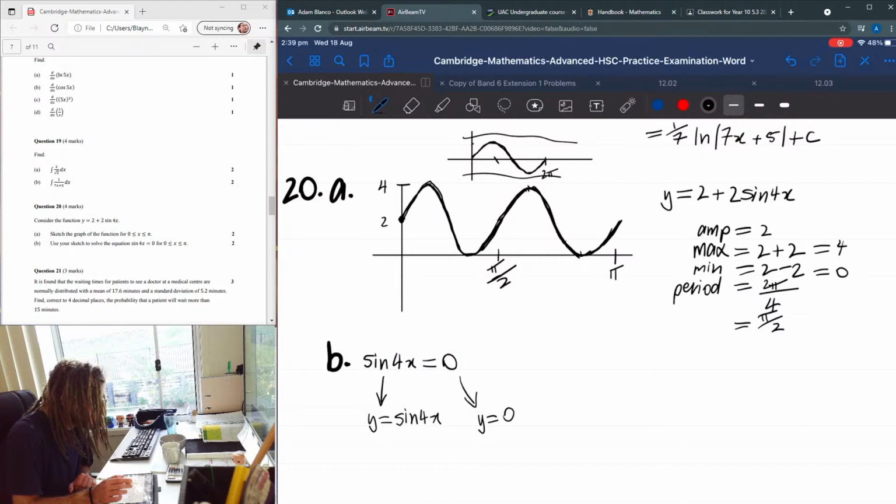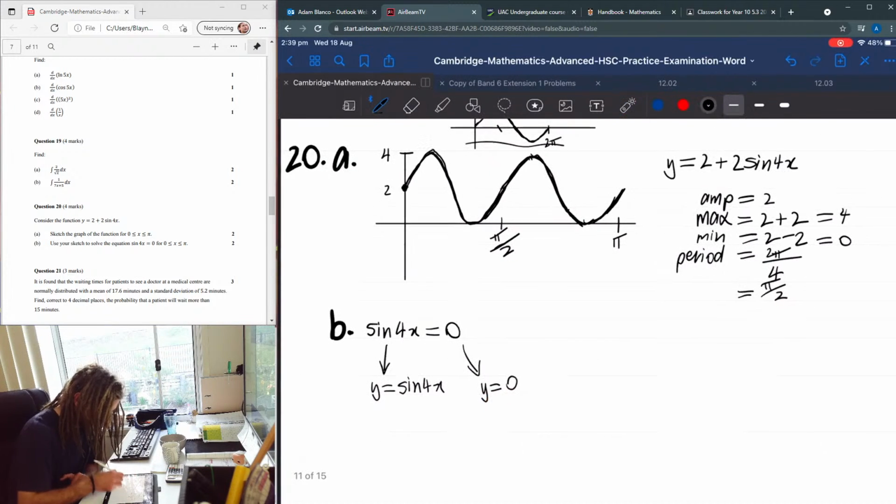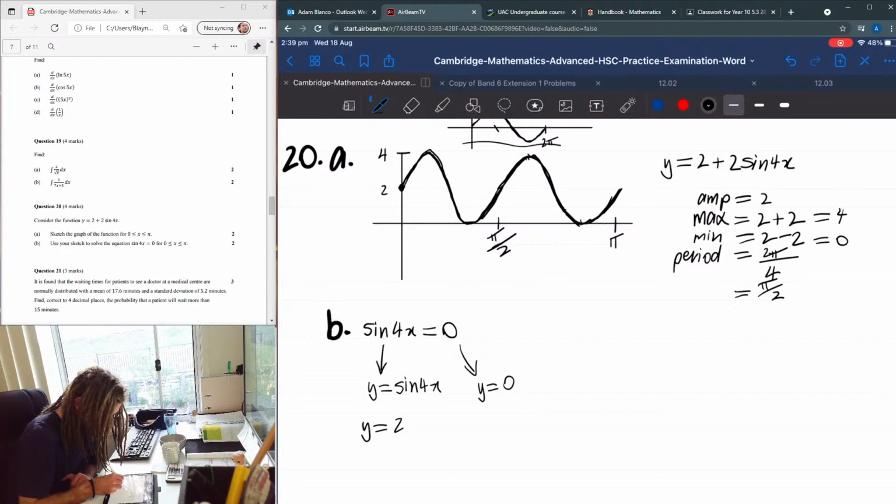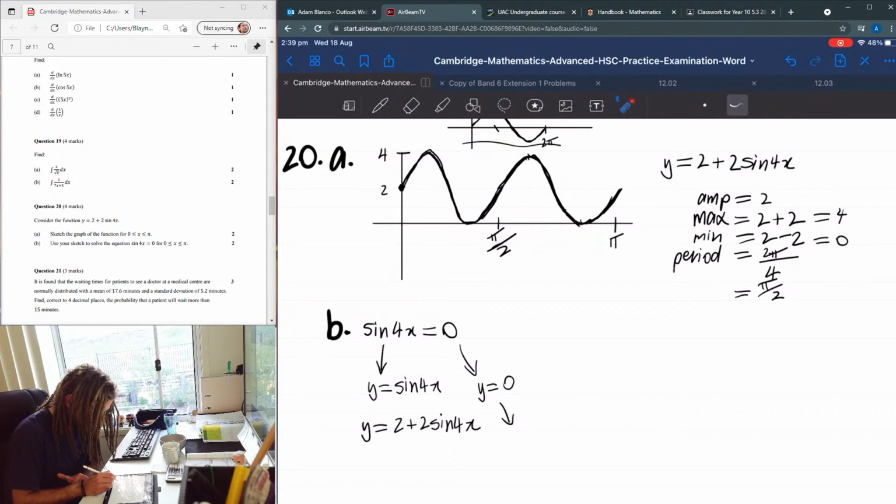So when I'm using my sketch, it's going to be a little bit different, because this graph hasn't been moved up, but mine has. So considering mine's moved up, you can think of this as, if I had y equals 2 plus 2 sine 4x, I've just got to cater for a change. My change is that it's been moved up. Don't worry about the amplitude too much. It doesn't really matter how much it's been scaled.